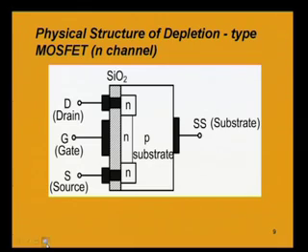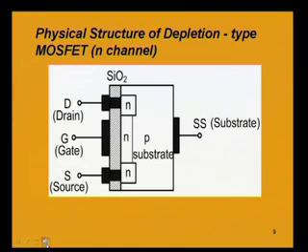Now, we will discuss about another type of MOSFET, which is the depletion type MOSFET. We have discussed about the enhancement type MOSFET. Now, we will be discussing about the depletion type MOSFET, and let us first discuss N channel depletion type MOSFET.